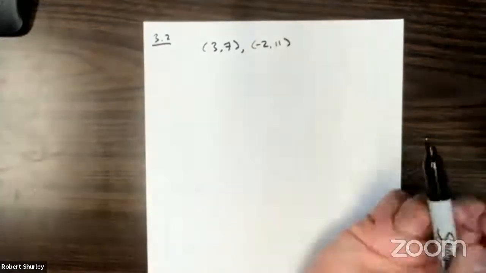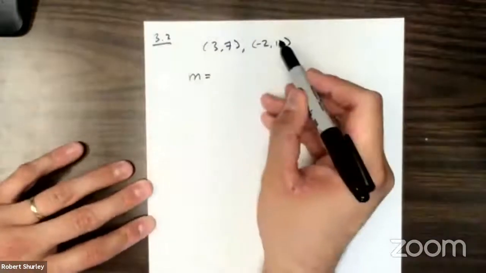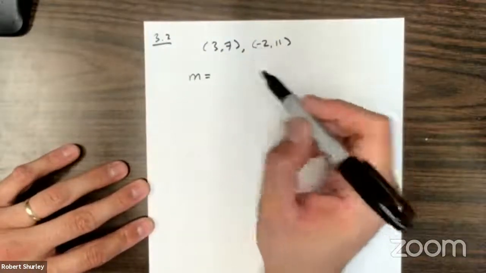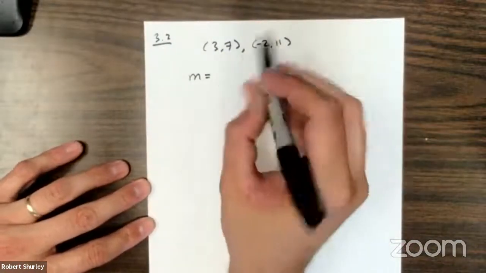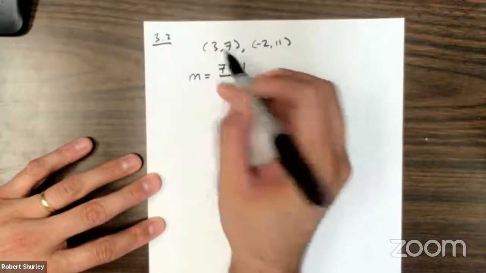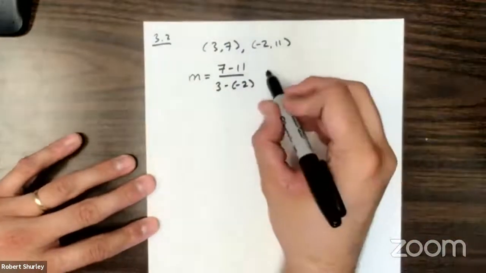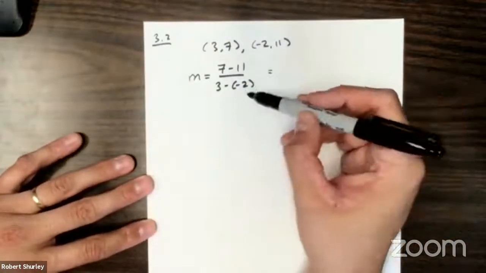So you need to find the slope. We know we're going to subtract the y's first and then subtract the x's, right? It's the change in the y over the change in the x. So 7 minus 11 over 3 minus -2.